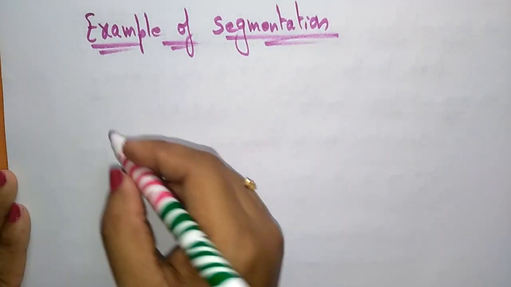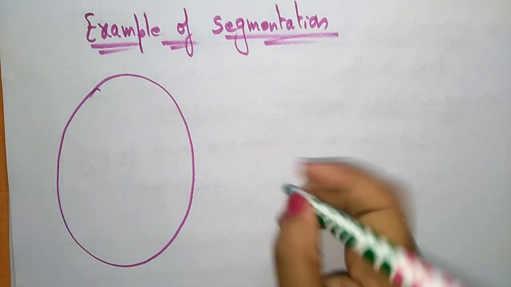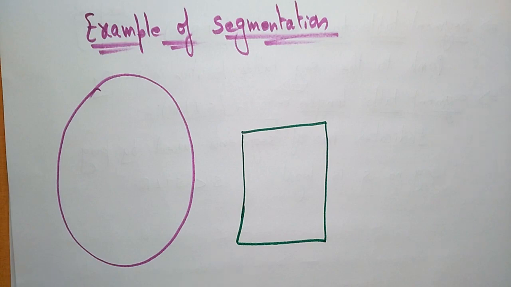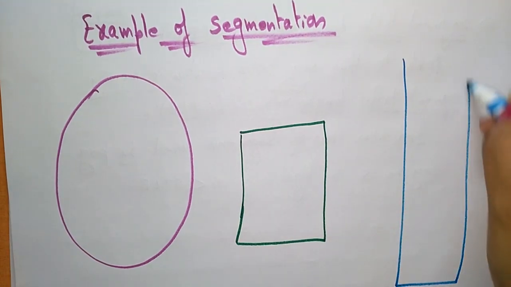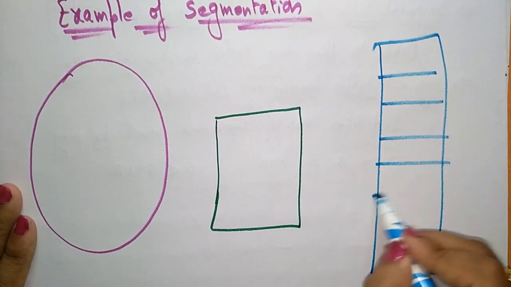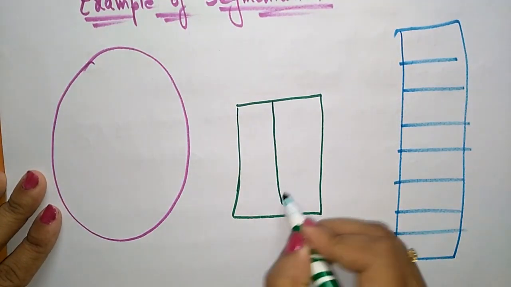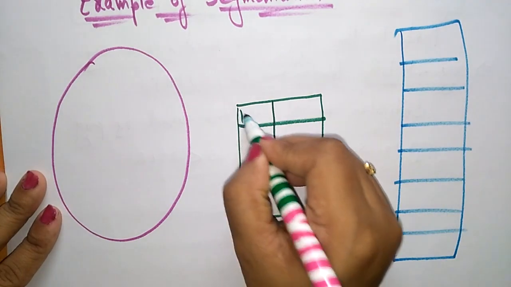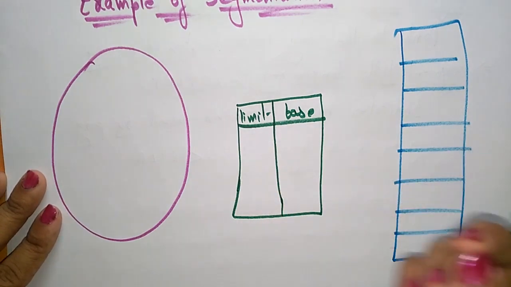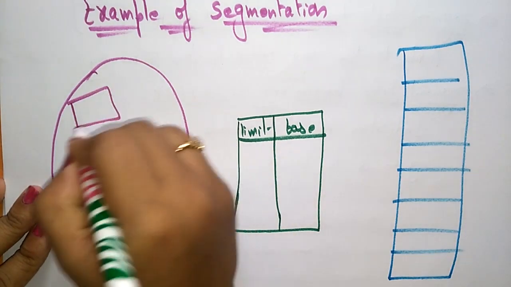Let us take this as the user space, here you have the segment table, and here you have the physical memory. In the segment table you have the limit and base. The limit holds the length of the segment and the base is the starting address of that physical segment.